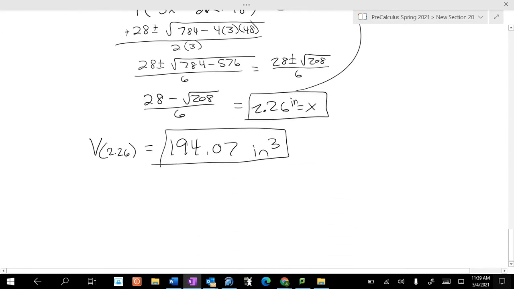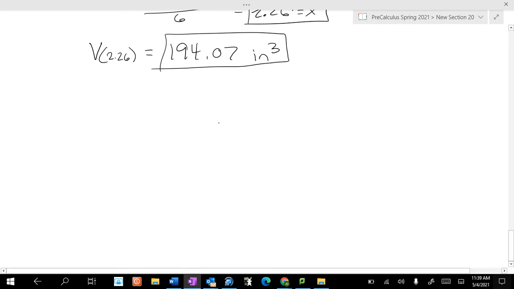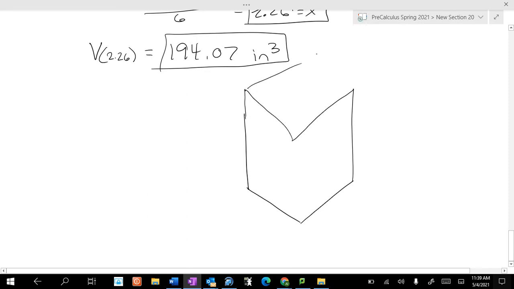Okay. But, all right, so then let's say we got a box. That's an ugly box, but there's a box. Okay, it's x by x, and the height is h.